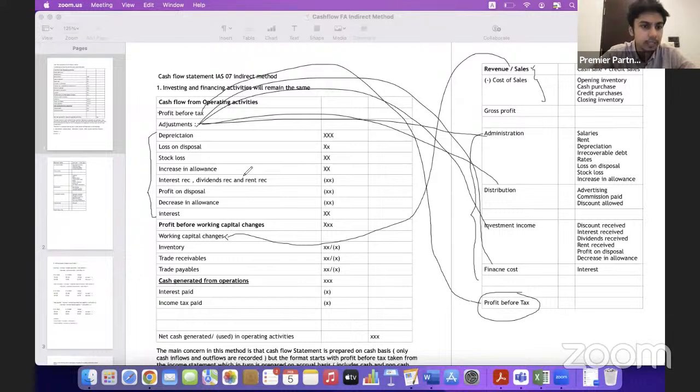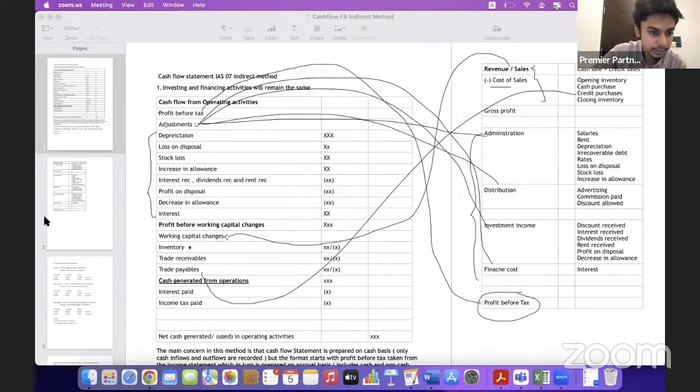It will get adjusted inside working capital changes. Then in cost of sale, opening inventory and closing inventory will get adjusted over here, whereas any credit purchases that we have will get adjusted inside trade payable. So these are things, guys, that we need to know before we start off a cash flow statement: what comes inside adjustments and what comes inside working capital changes.